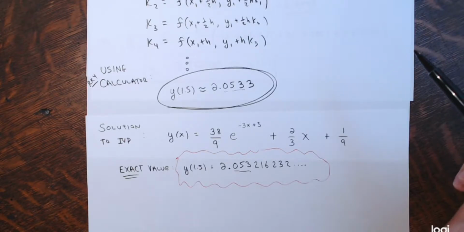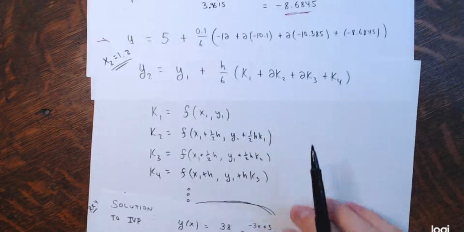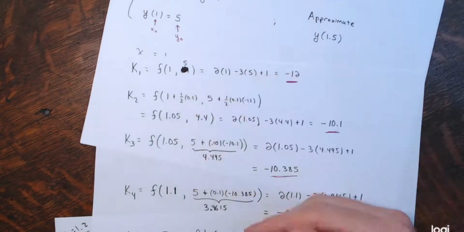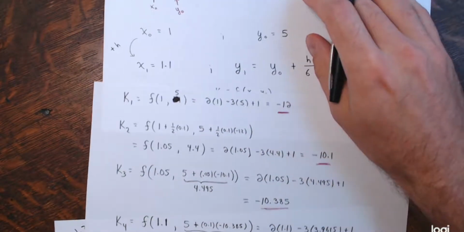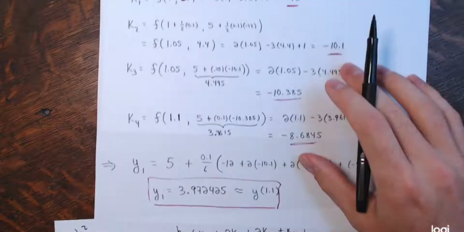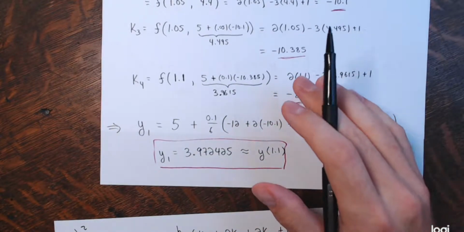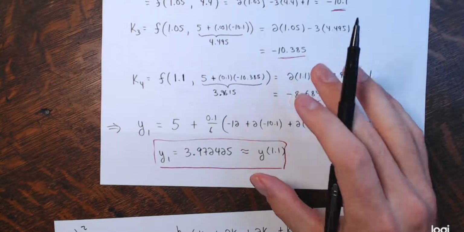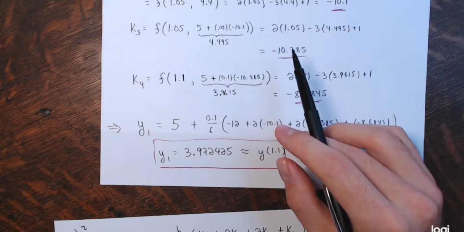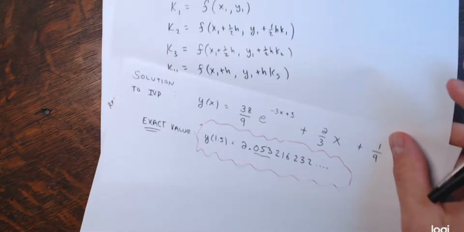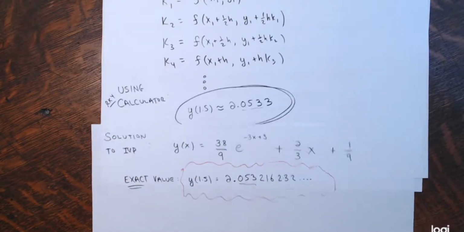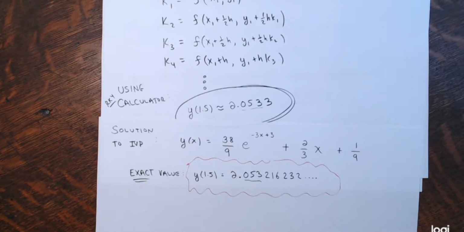All right. So like I said, I'm just doing this by hand calculation for the one step from 1 to 1.1 here. Again, only if you're truly asked to do it by hand should you really bother doing all this, because I'd have to do that 4 more times to get to 1.5, and that would have taken a really, really long time for me to write all that out by hand.